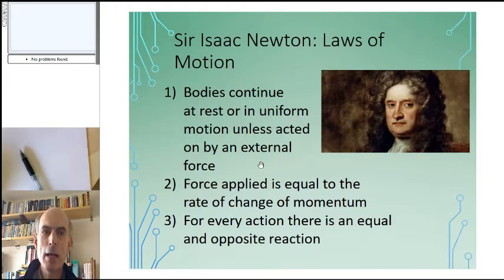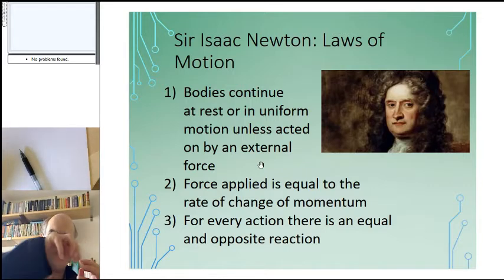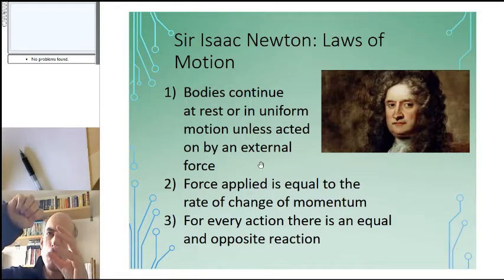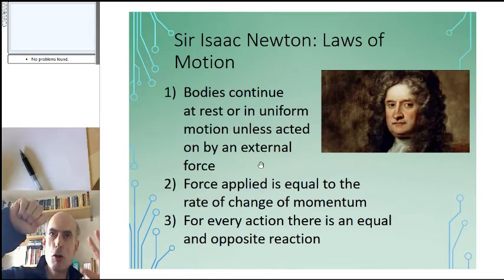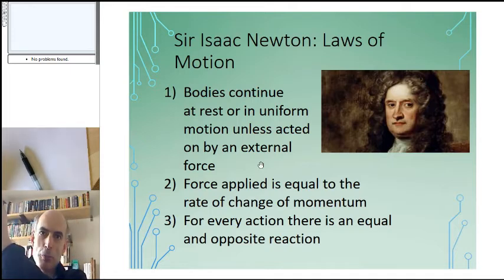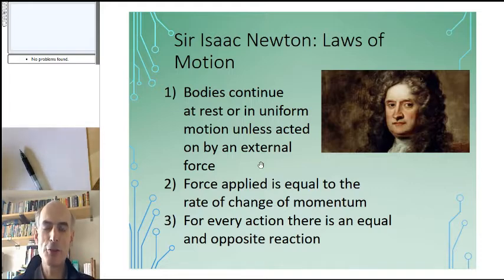For example, as an object moved through the air, it left a partial vacuum behind it. Air would then rush into that partial vacuum to fill it, and that would push the object on through the air. Quite inventive, really. We now know, thanks to Newton, that you don't need any complicated explanations like that.